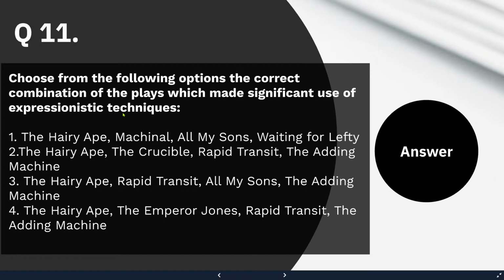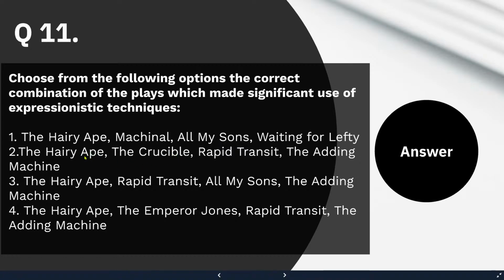Expressionistic is like a more realistic thing that they were trying to present on the stage. We have four options, and whatever option you think is correct, please write in the comment box. The first option is The Hairy Ape, Machinal, All My Sons, Waiting for Lefty.